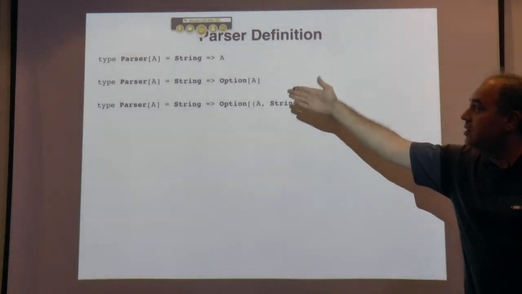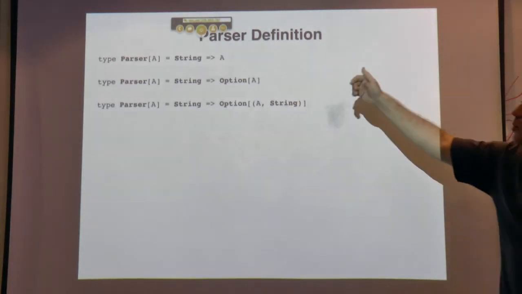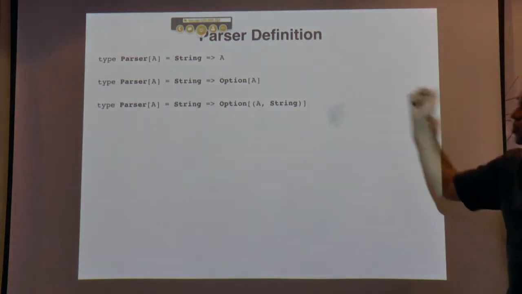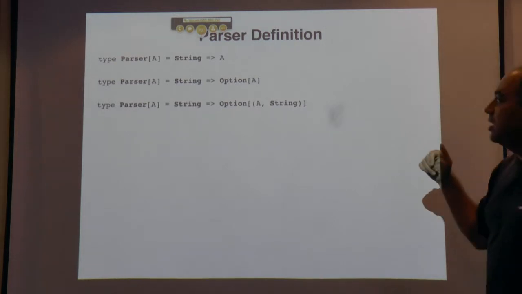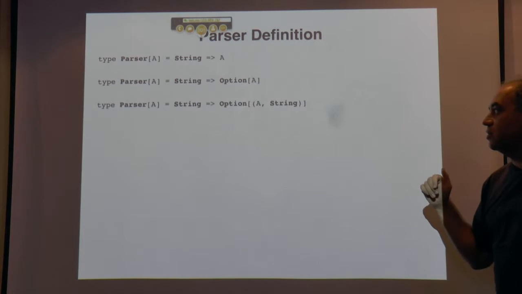Parser of A, and A is the result type. Maybe it's a function from String to A. Well, it's probably correct, but not convenient, because sometimes a parser fails.